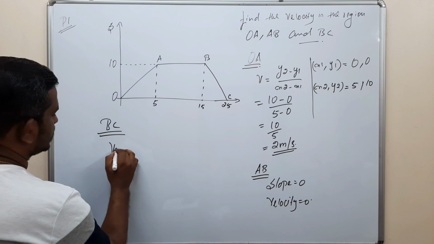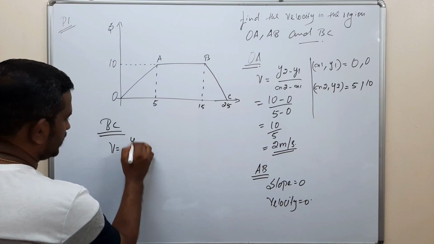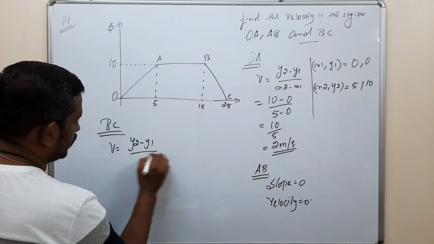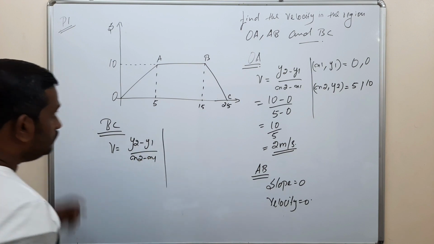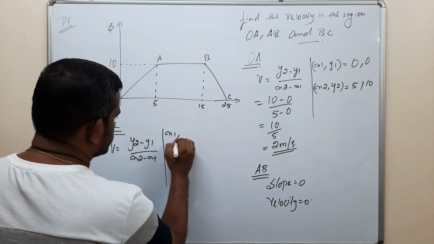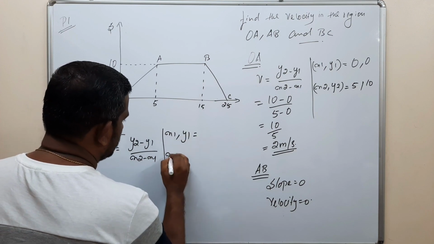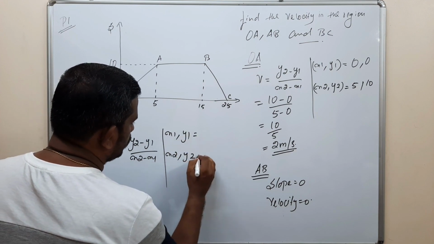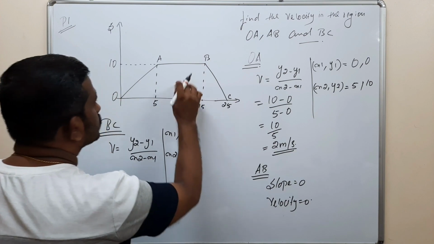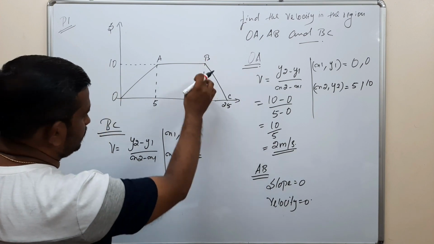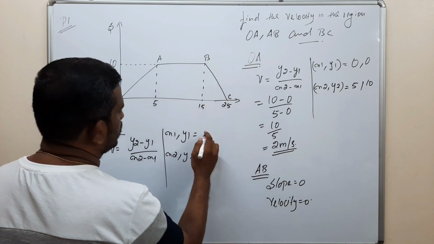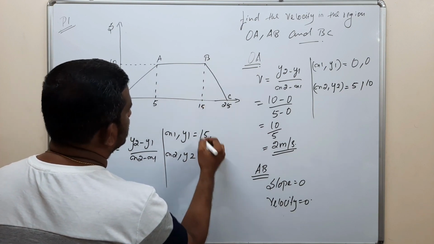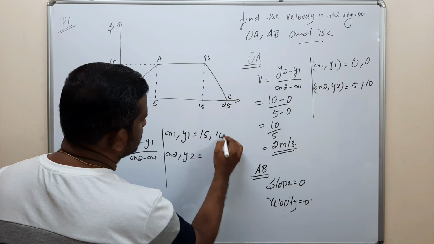Okay. So next I am considering the region BC. So velocity is equal to y2 minus y1 divided by x2 minus x1. So in this BC, what is x1 y1? The x value is 15 comma y1 is 10.